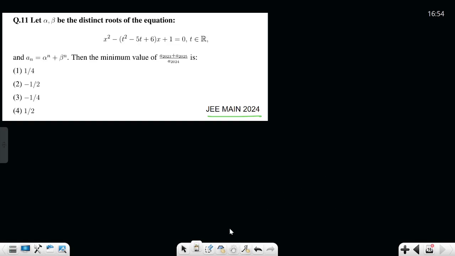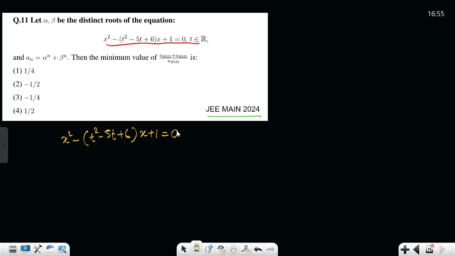So actually, if you see here what is given, an equation is given first. So let us write the equation here. Our equation is x square minus (t square minus 5t plus 6)x plus 1 equal to 0.